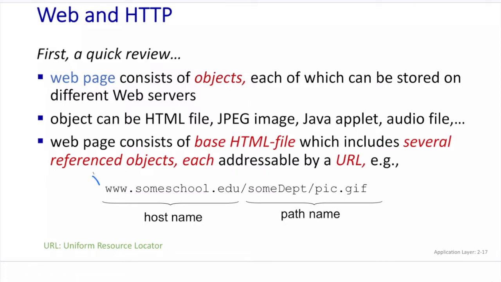That is an example, but I believe you already know those things. A URL should contain a host name and a path name, which indicate which files the server should reply back to the client.